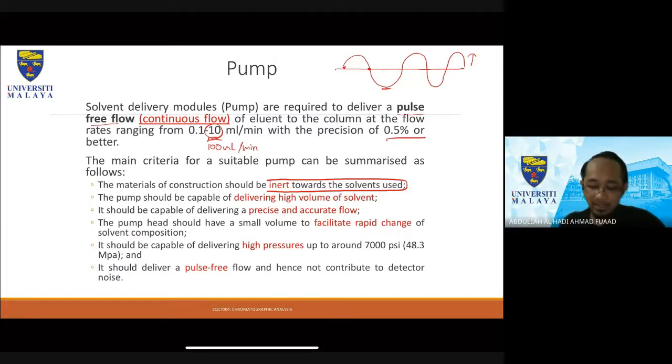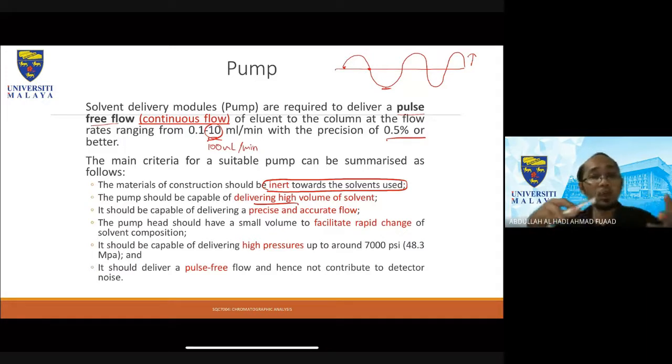A pump must be capable of delivering a high volume of solvent. Again, this depends on the usage. If your usage is more analysis, using a very micro column or flash column, very tiny, then perhaps you want a system that can run down to about 0.1 or 0.2 mL per minute.